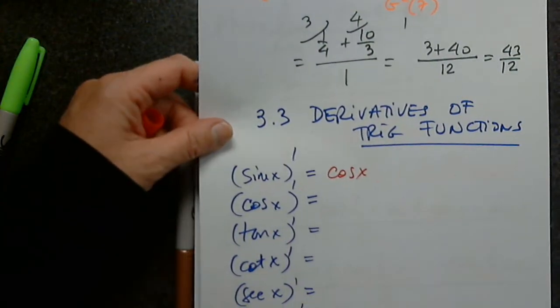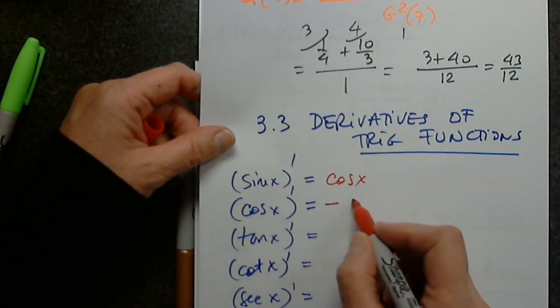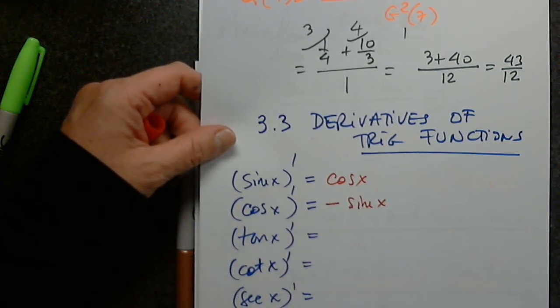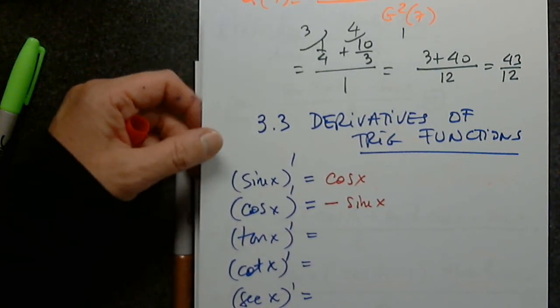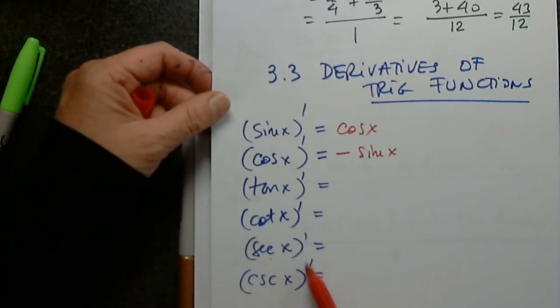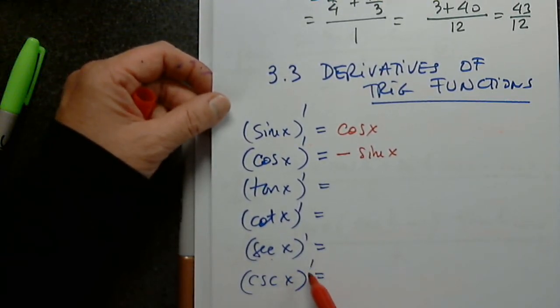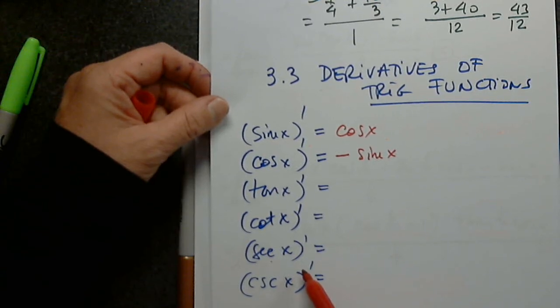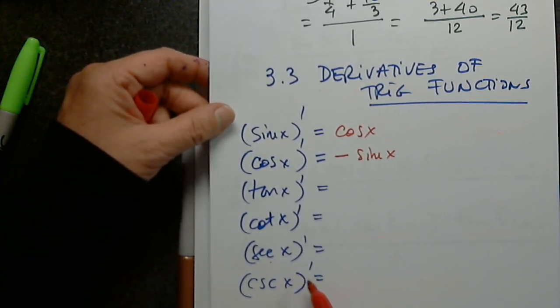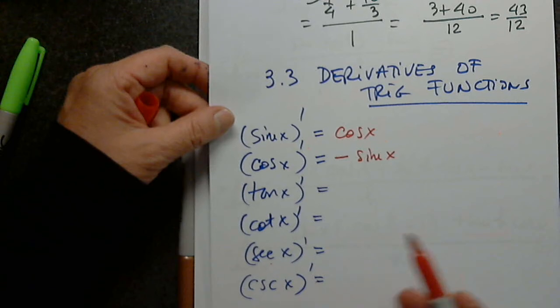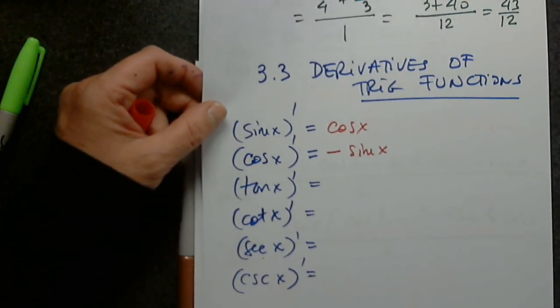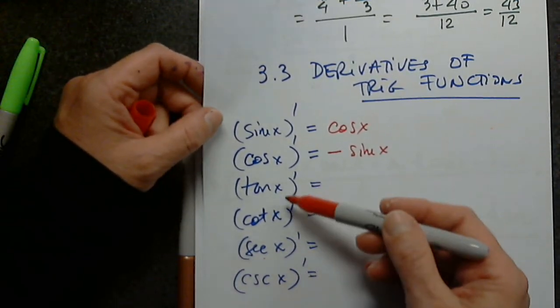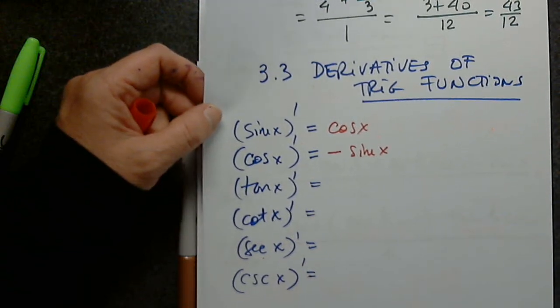This is cosine x. And this will be negative sine x. And these two we cannot determine just yet, unless we use the quotient rule. Yes, we can. Okay, we can use the quotient rule. I wanted to use the chain rule, but we don't have it yet. So we can determine any of these by hand, and then I'll give you the rest.